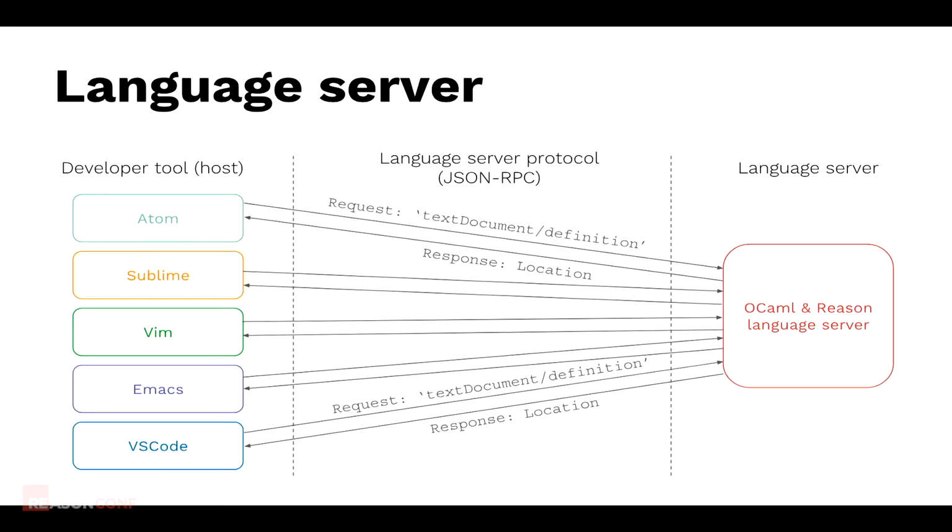Essentially it's a remote procedure call. So essentially sending a message, a function with params, saying give me the definition of this symbol. And then the language server responds with the location in the code base, which I think is a great example of how a good architecture can facilitate the integration of a single abstraction into many different places.